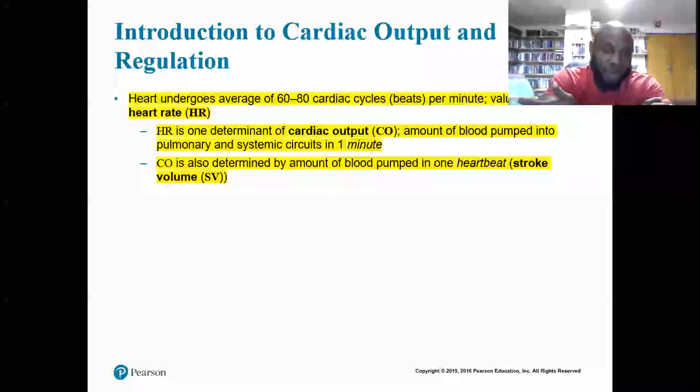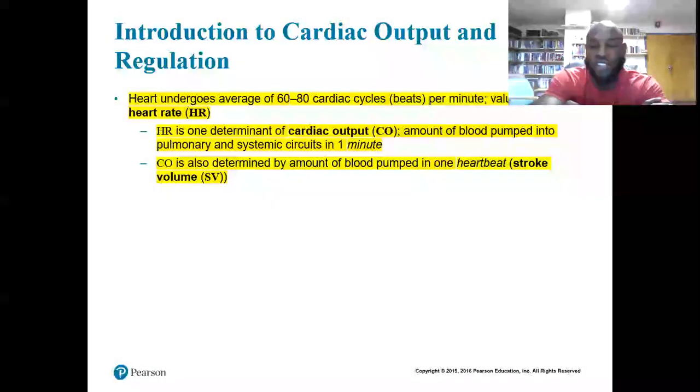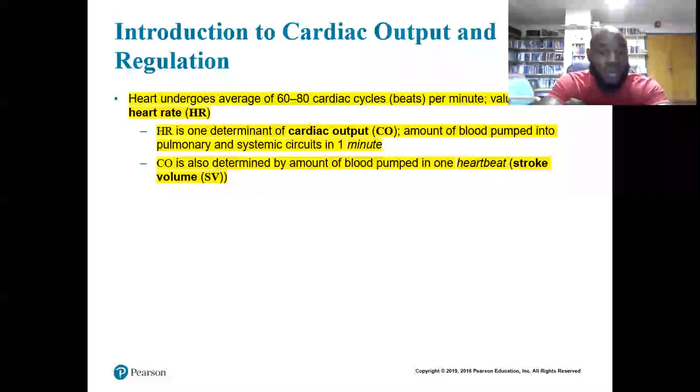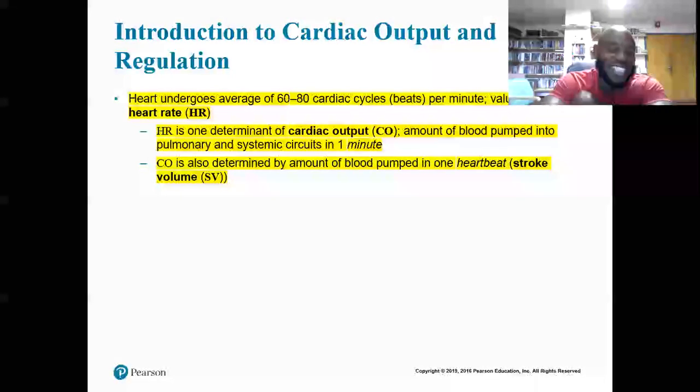Obviously, it's a lot higher when you're engaged in some type of exercise, like walking, picking up boxes. Your body's moving, and hopefully it's obvious that it's a little bit lower toward the lower range when you're sleeping. The demands on your body are not as high, therefore your heart doesn't have to pump as fast.